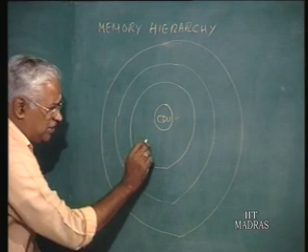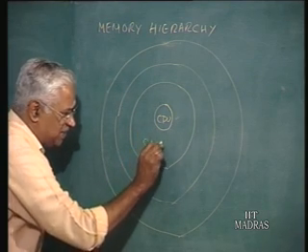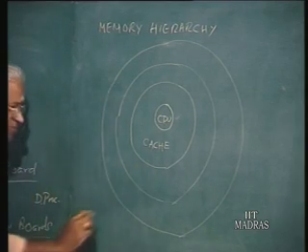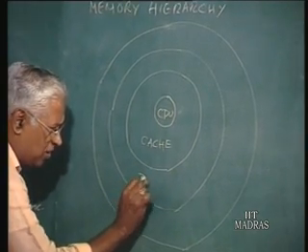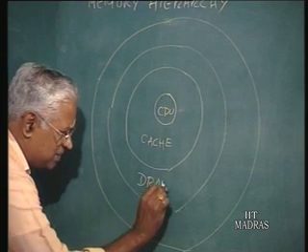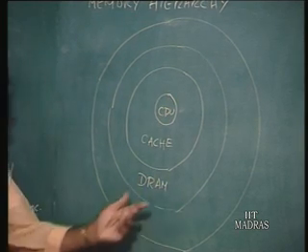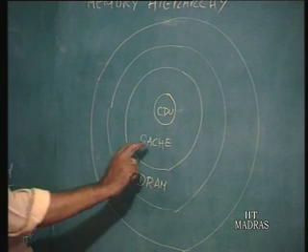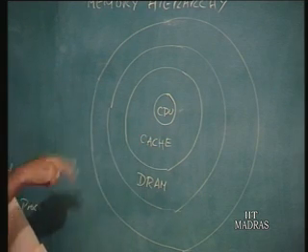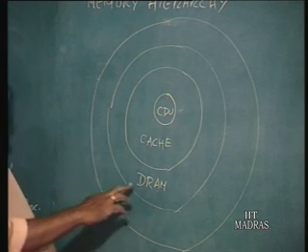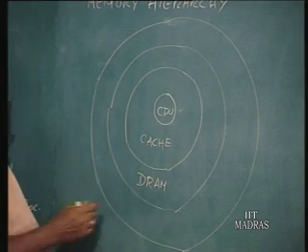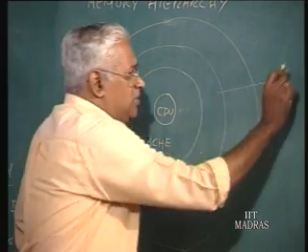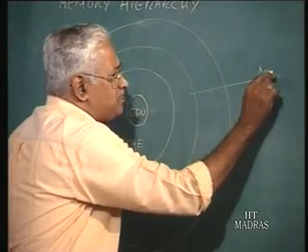Now, that one generally is called a cache memory. The one that is not so fast, but fast enough, these things are generally called DRAMs. Later on I will give you some information about how it came about. In fact, it is because of the technology and because of the position in which it is. This is how the name came about. Now, this DRAM or dynamic RAM generally is called the main memory.